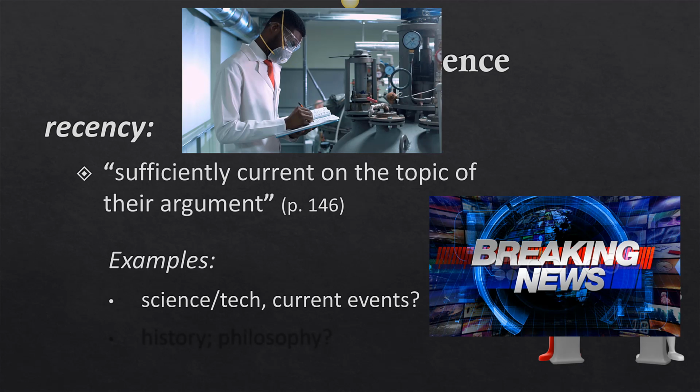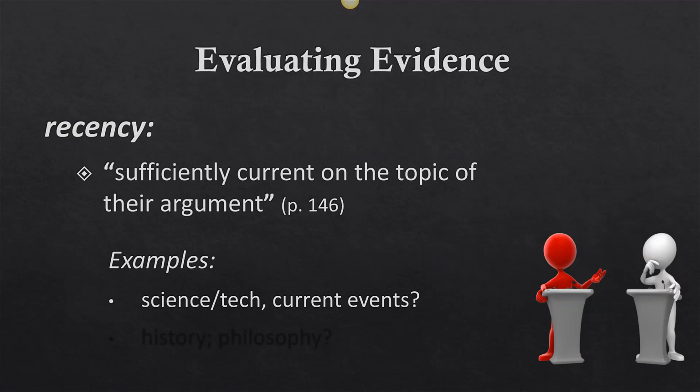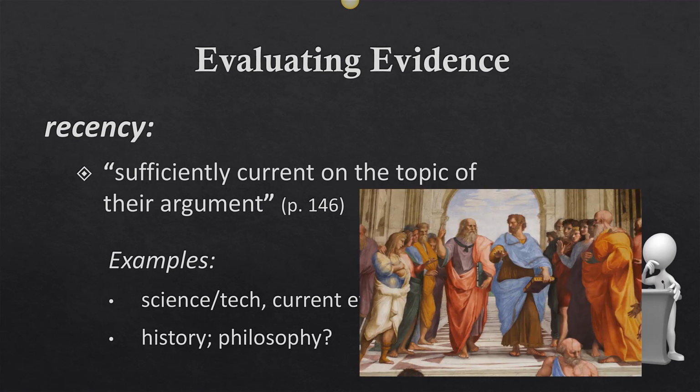We want to make sure that the evidence that we're presenting to back up our claims hasn't been disproven by some scientific or technological advances, or by more recent developments in current events that make our older evidence incorrect and irrelevant.